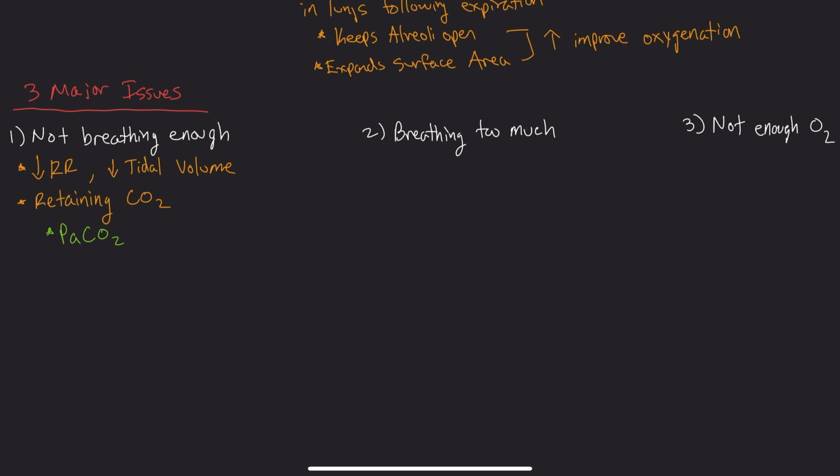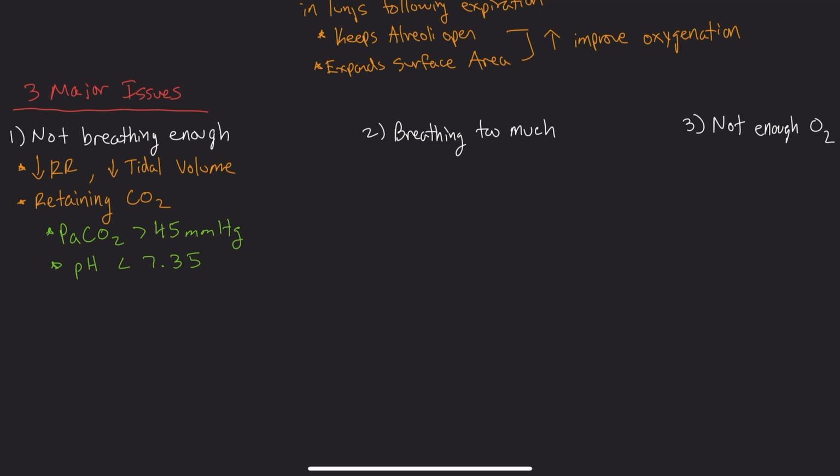We said it's normally 35 to 45 millimeters of mercury, so this will be elevated above 45 millimeters of mercury. And from the mnemonic, we know that CO2 acts as an acid, so with an elevated PaCO2, your pH has become more acidic, right? The pH becoming more acidic means the pH is decreasing, so your pH will be less than 7.35.